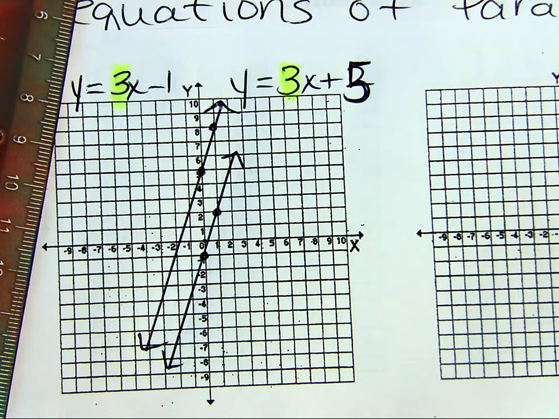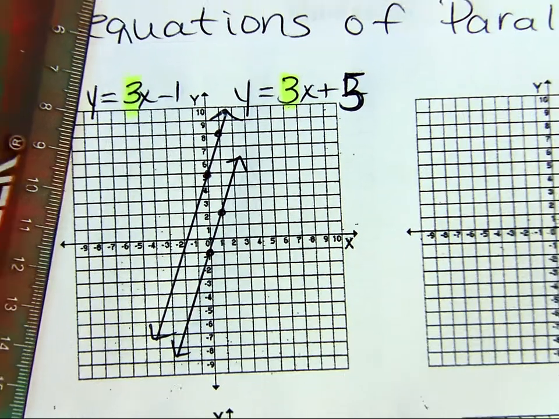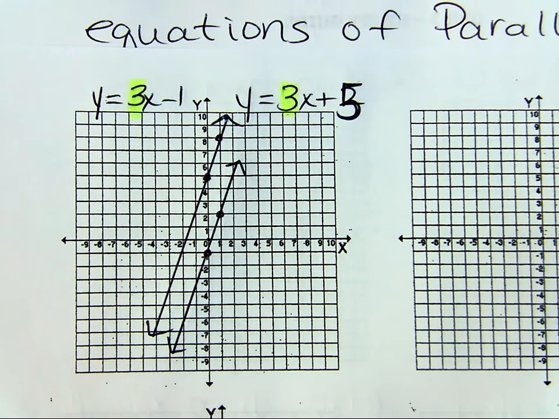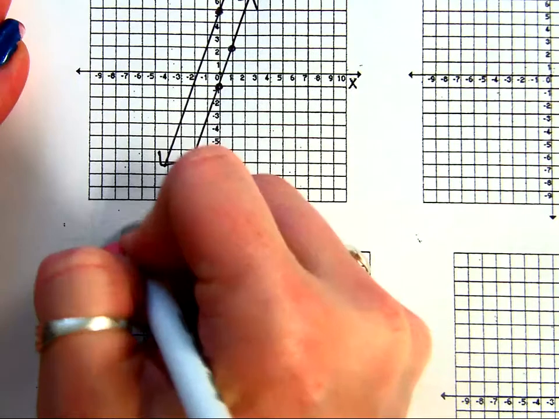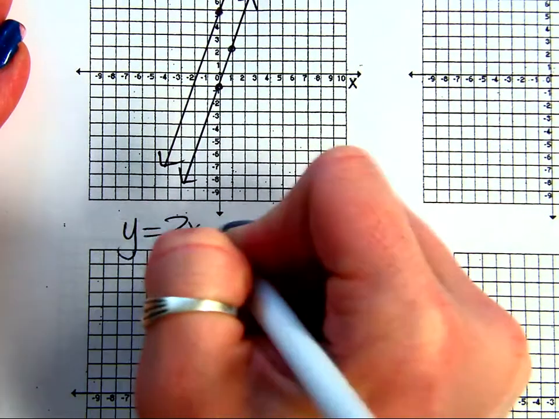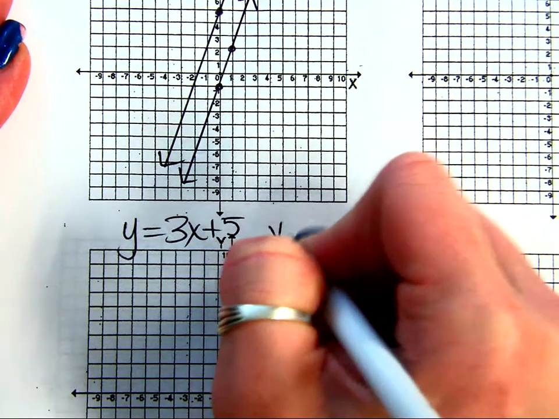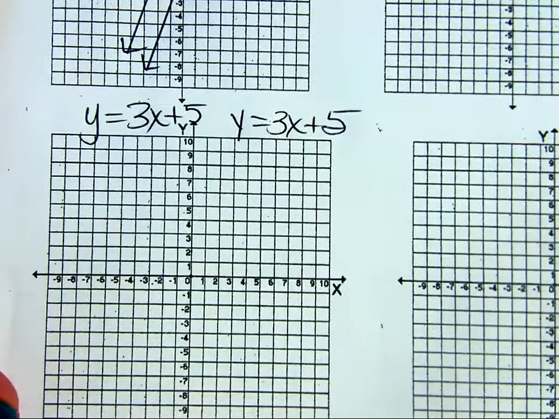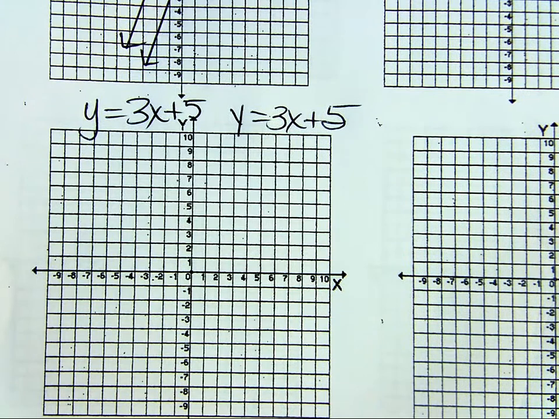Unless, when would two lines that have the same slope intersect? When it's y equals 3x plus 5 and y equals 3x plus 5. I have two lines technically, and people debate about this. You might say you don't have two lines, you have one line, the same line. If I ever gave you that to graph, you'd say that's kind of silly.